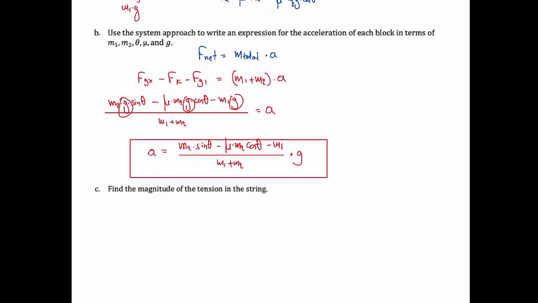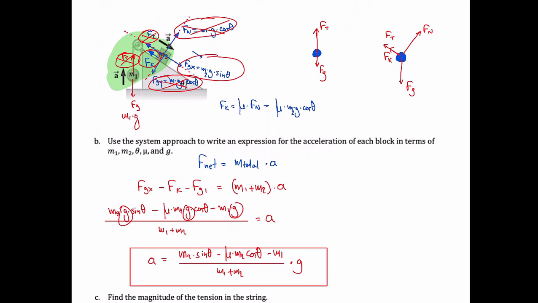And for part C, we need to find the force of tension. Now, in order to find the force of tension, either we will work on mass 1 or we will work on mass 2, but I think that the easiest one is mass 1, since there are only two forces applied.